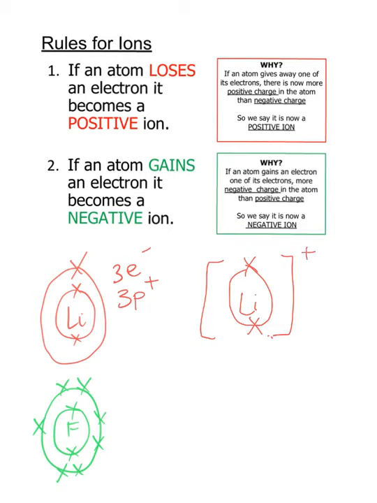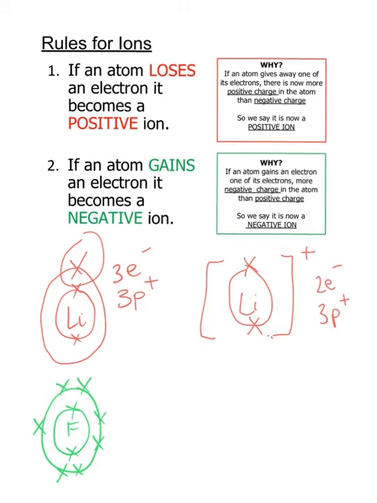The reason being is that we now only have 2 electrons, but we still have our 3 protons, because this electron here has been lost. So rather than have 3 electrons, we only have 2 electrons. So we have 3 positive charges and 2 negative charges, so it has an overall positive charge.